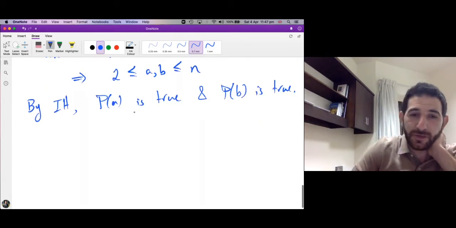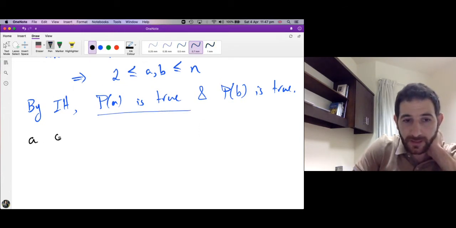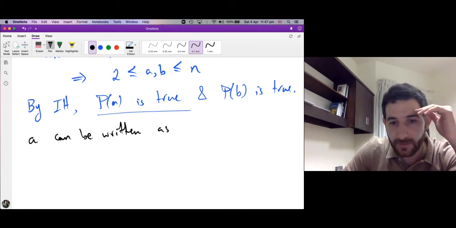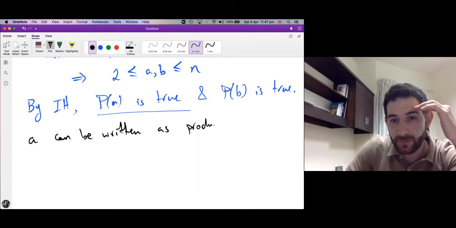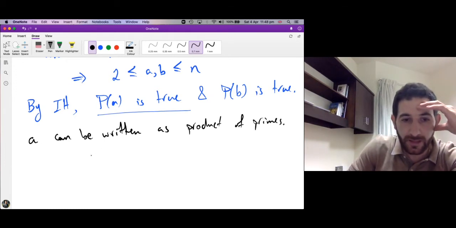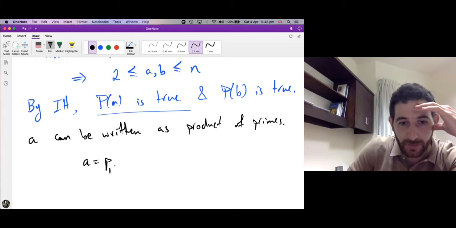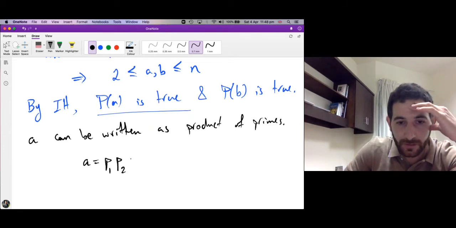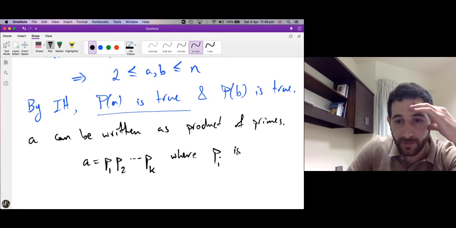Okay, what does it mean that P of a is true? This means that a can be written as a product of primes, meaning that a is equal to P1, P2 up to Pk, where each Pi is a prime number, right?